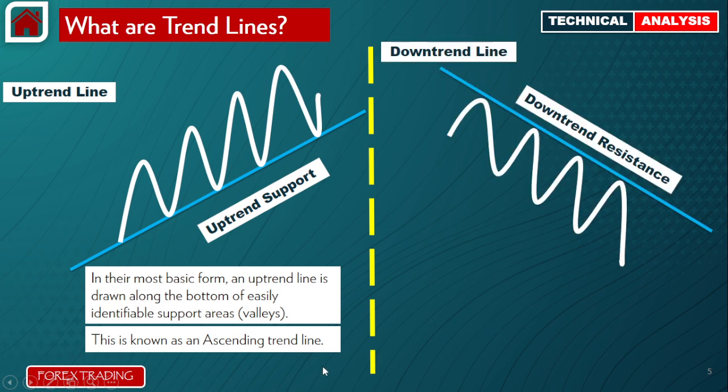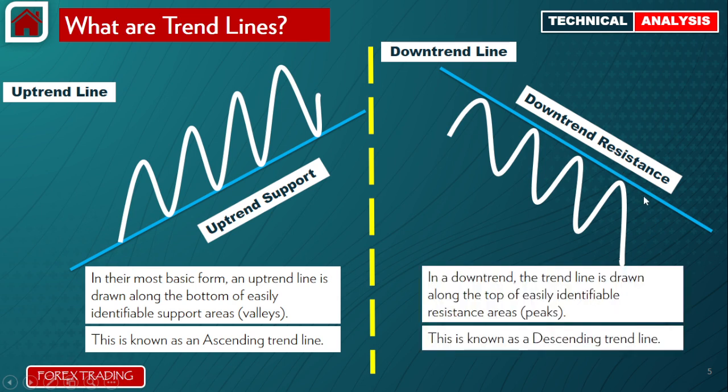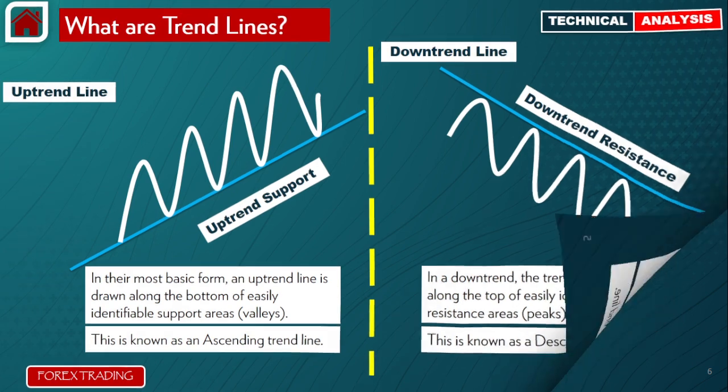On the other hand, we have the downtrend line. The price is moving down in a bearish market, and then we draw the trend line on top of where the price has reached its maximum. We try to connect all these top peaks. So in a downtrend, the trend line is drawn along the top of easily identifiable resistance areas or peaks, as I just mentioned. This is also known as a descending trend line.